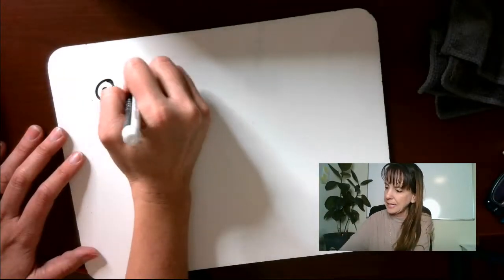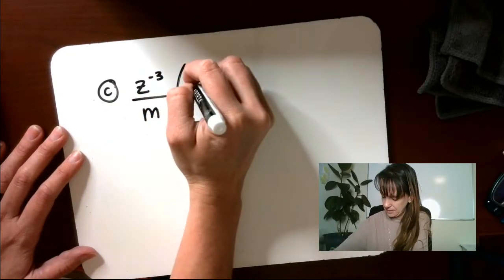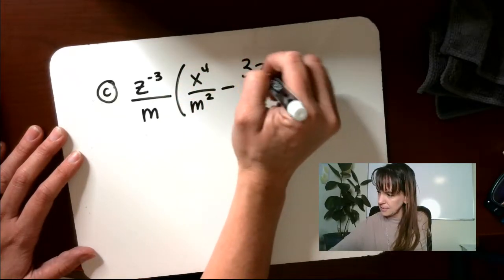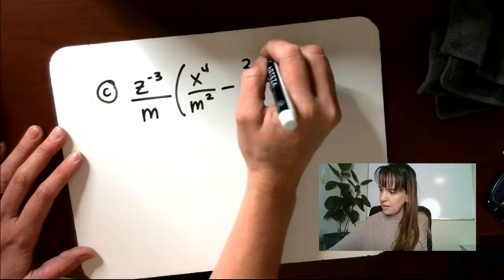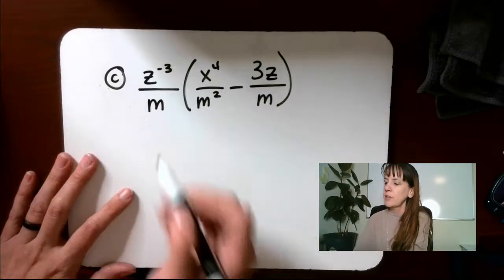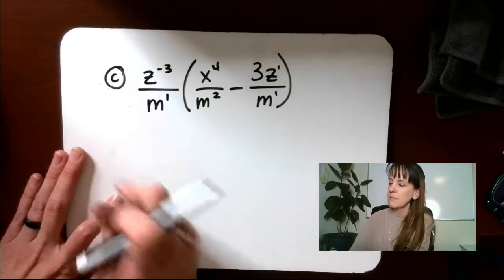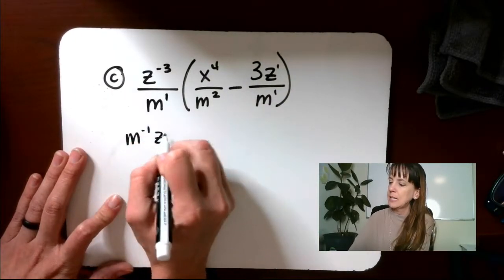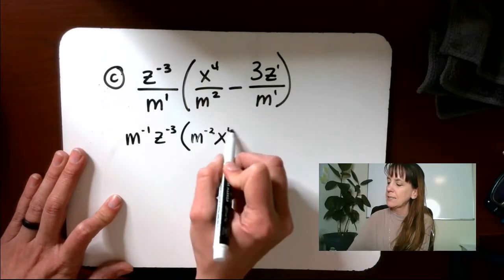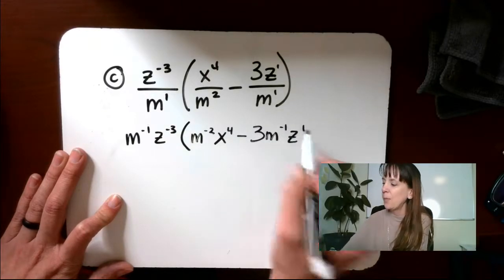C is z to the negative 3 over m times x to the 4, m to the 2 minus 3z m. All right, write all the answers with the variables in the numerator. So let's move everything upstairs to begin with. This is a 1. This is a 1. m to the negative 1, z to the negative 3 times m to the negative 2, x to the 4, minus 3m to the negative 1, z to the 1.